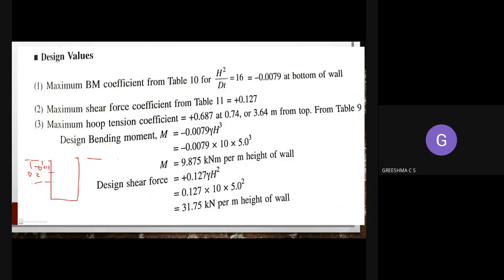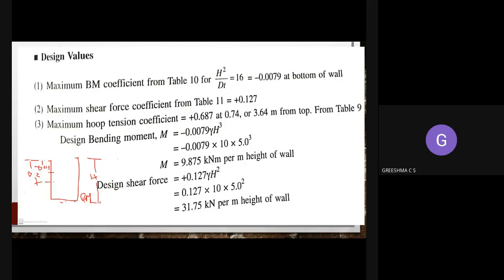Okay, so the maximum moment always occurs at the bottom. Here the maximum moment occurs at a height of h from the top. So if you are taking height from the top, that is h.